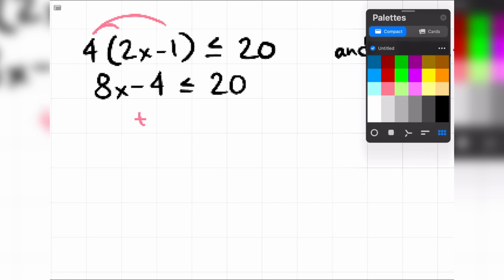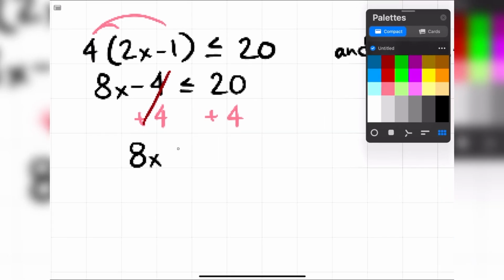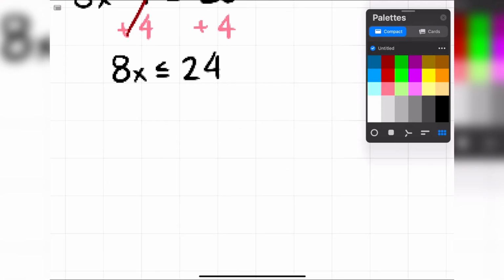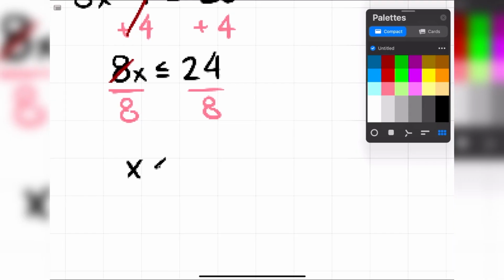We can then add this 4 here, which will cancel out and leave us with 8x is less than or equal to 24. We can then divide them both by 8. This will cancel out, and that'll get us x is less than or equal to 4. Right? Is that correct? 24 divided by 8, it's 3, 3. I don't know. This is why I always double check with the calculator.